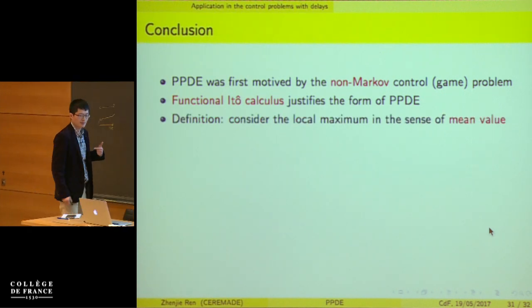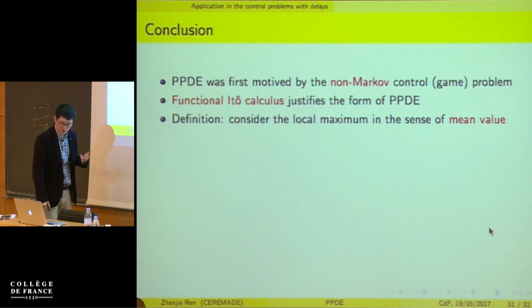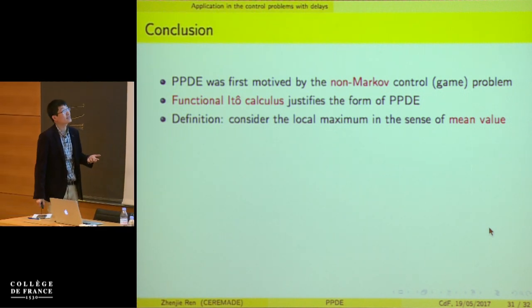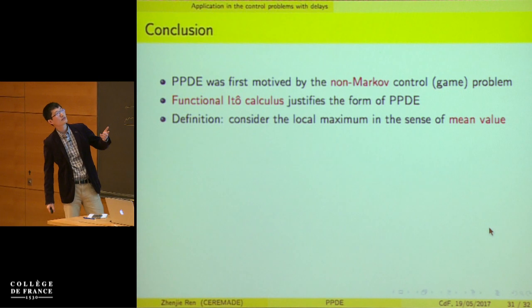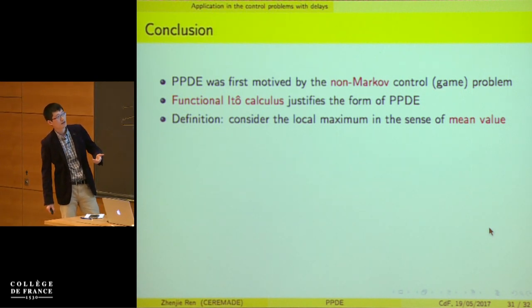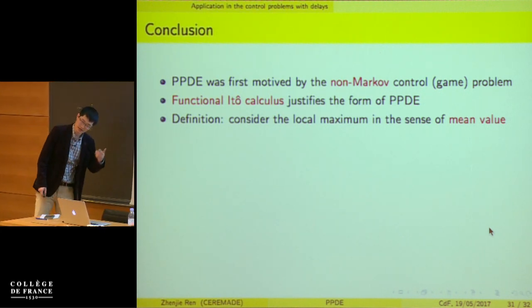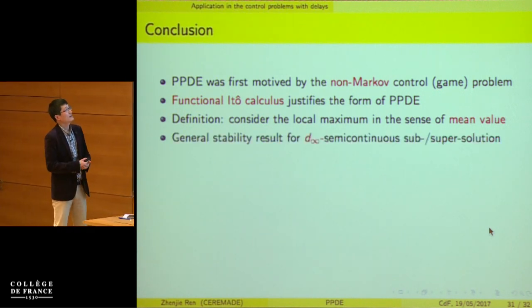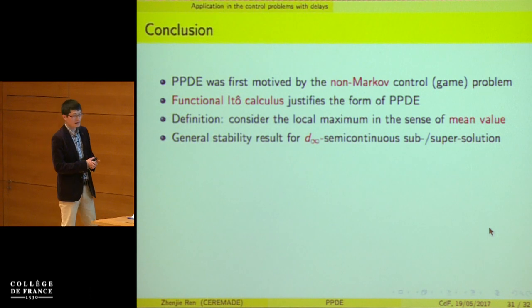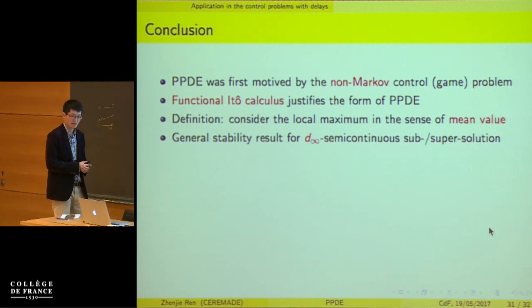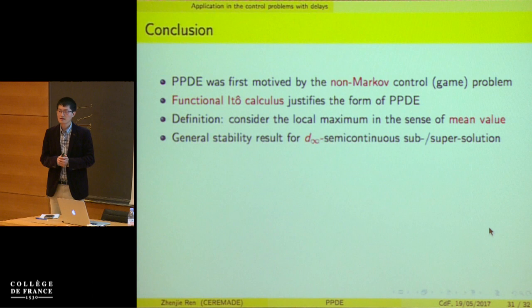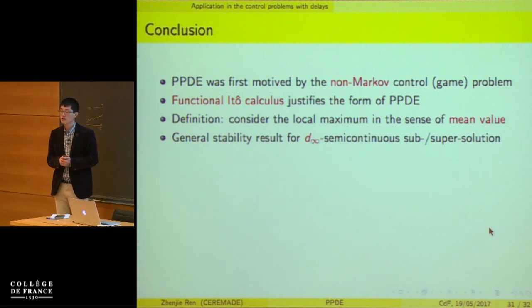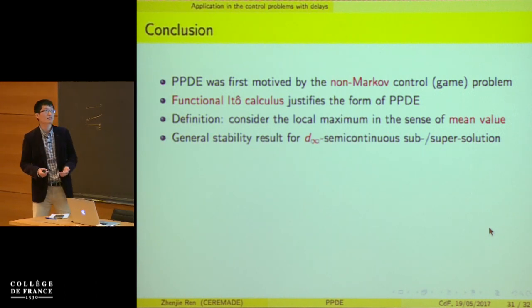In our definition of P-round viscosity solution, we replace the classical definition with the local maximum by the local maximum in the sense of mean value. That's why it depends on P-round. We have a quite general stability result, which only requires the sub-solution or super-solution to be d infinity semi-continuous.